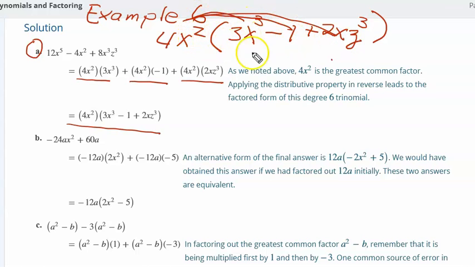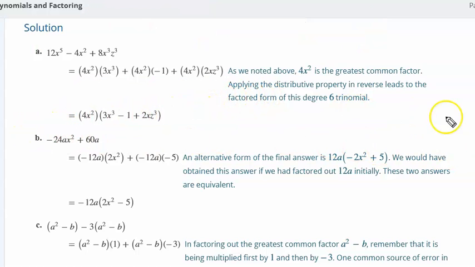Now we are factoring. So in example B, and I'll clear this up so we don't get too confused here, we're taking out of each of these two terms a negative 12a.